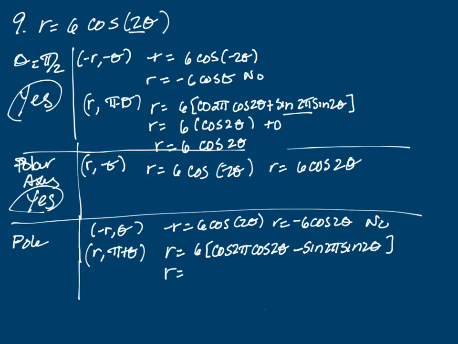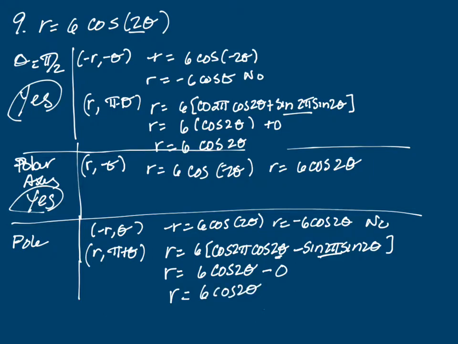And that's r equals 6 times 1 again, times cosine 2 theta, minus, and sine 2 pi is 0, so minus 0. So you get the same thing, r equals 6 cosine 2 theta.